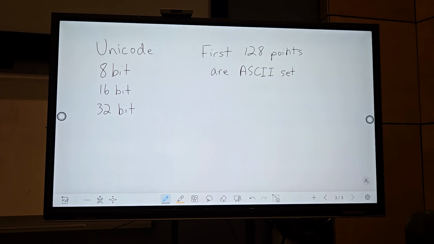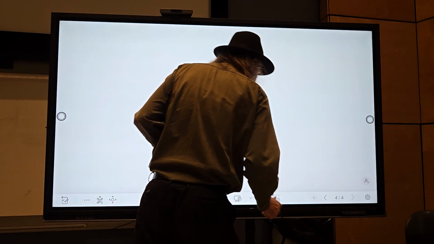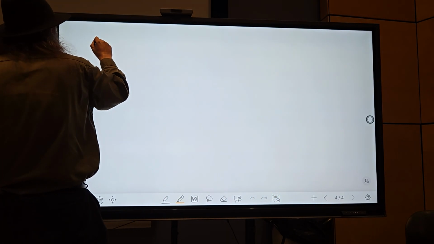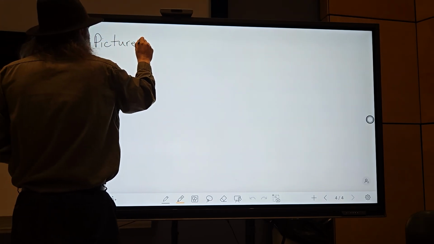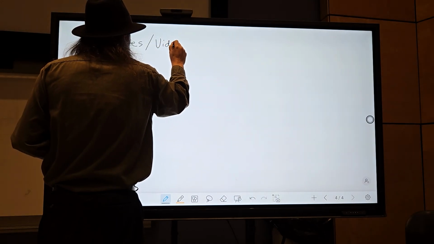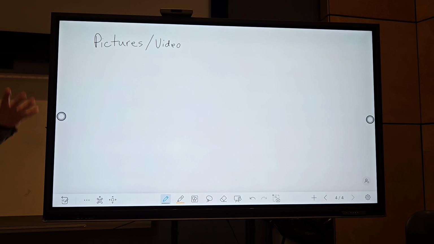Another thing that computers seem to do well at is pictures and video. Again, encoded as numbers.